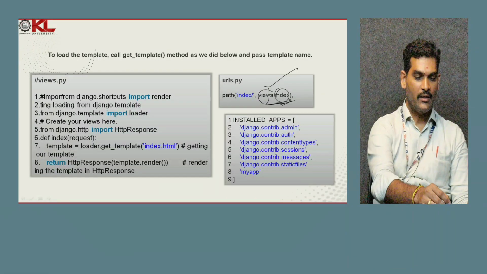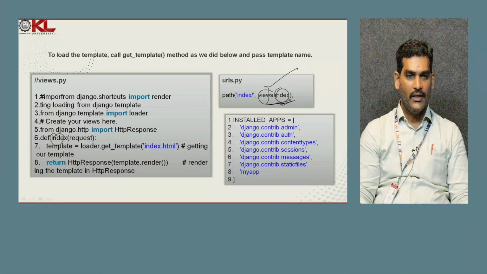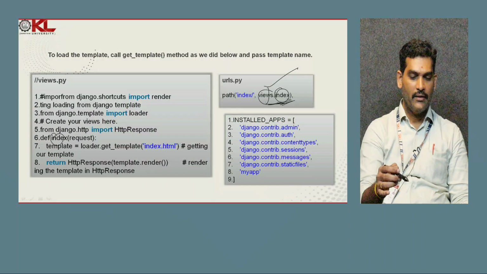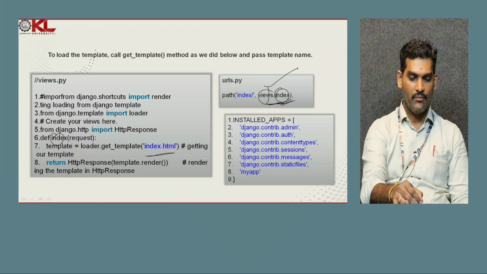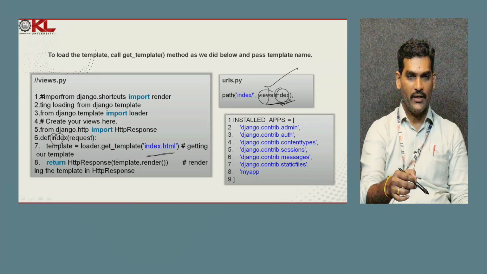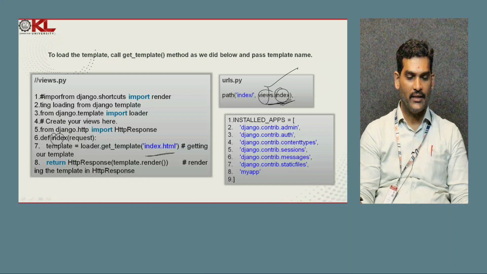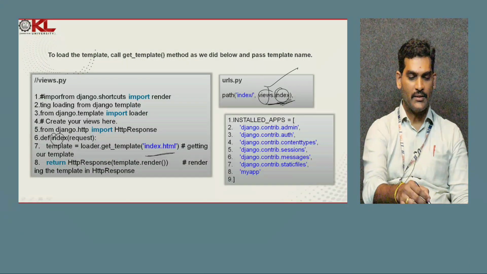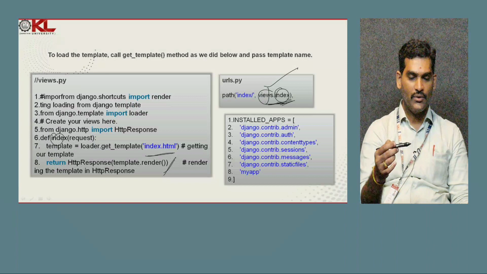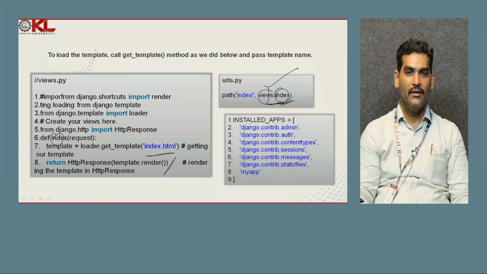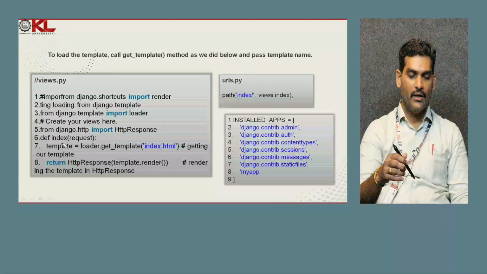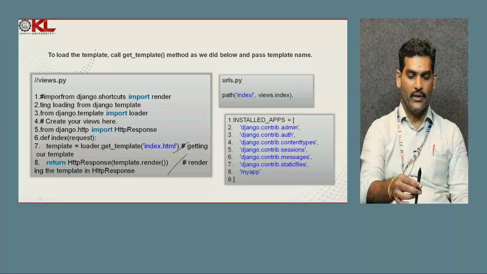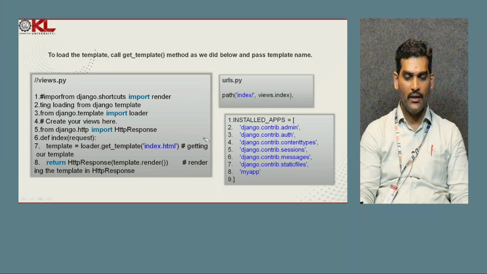Under views, this particular method: def index(request), template = loader.get_template('index.html'). So for getting our template, this is the syntax, and we return HttpResponse(template.render()), so that whatever is in the index template file, nothing but the index HTML file, will be retrieved with the help of these two lines.